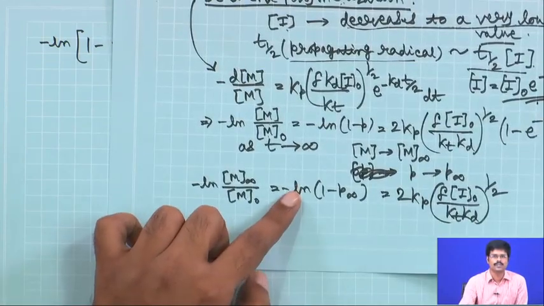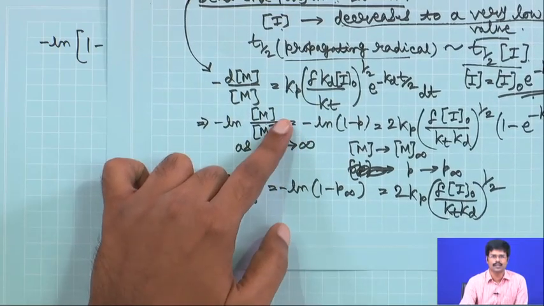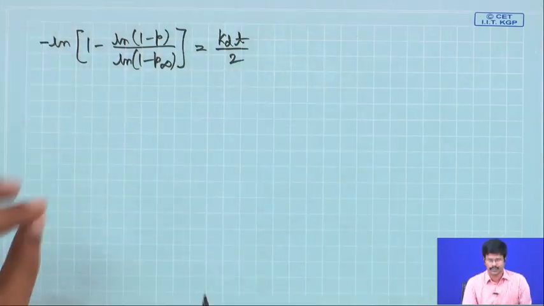So, you are taking a ratio, rearranging and then taking an ln of that again. So, this is the expression that you get finally.